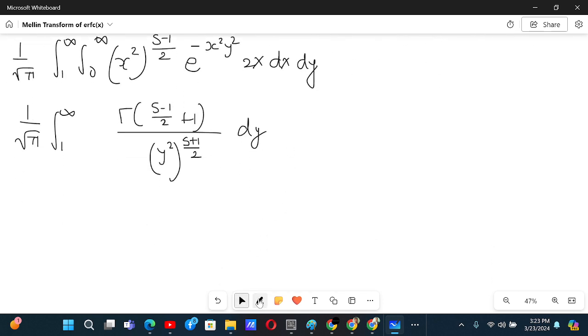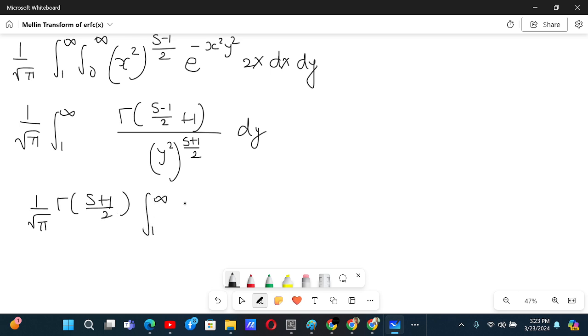Yeah. Now this is 1 by root pi. Gamma of s plus 1 by 2 can be taken out. We have the integral from 1 to infinity of 1 by y to the power s plus 1 dy.